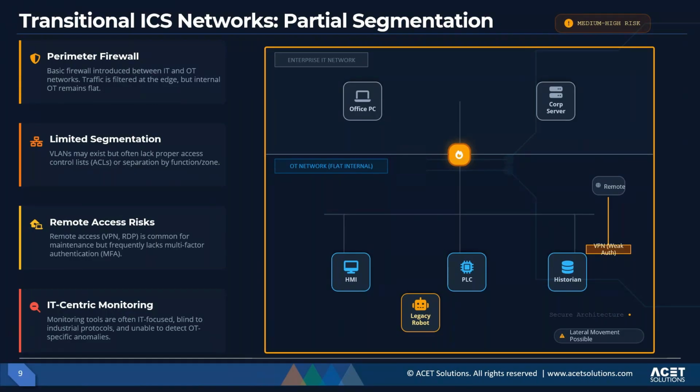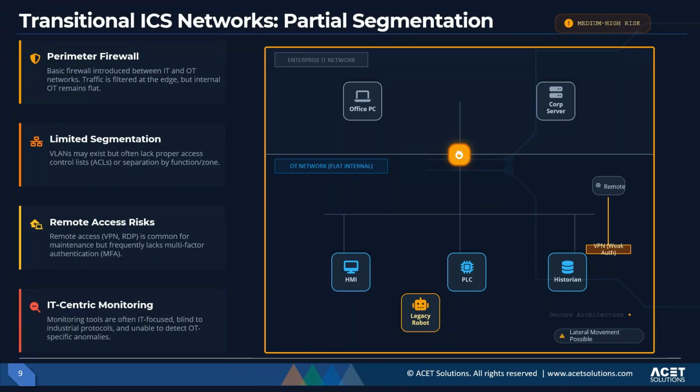As a result, VLANs may give you the appearance of segmentation without restricting communication in a meaningful way. Traffic still flows freely between devices because no enforcement point like firewalls or access control rules exists between the VLANs.